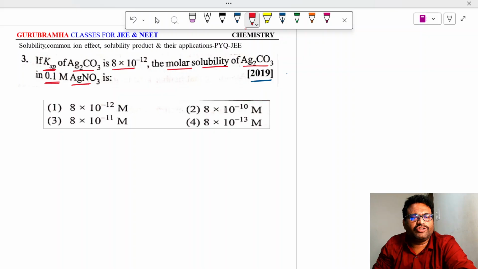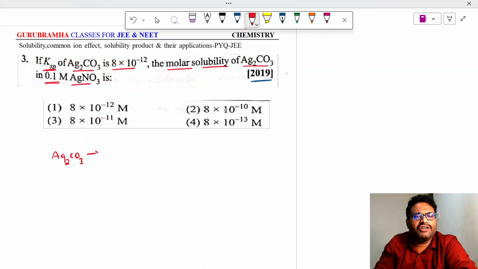First of all, let us calculate its solubility in water. Ag2CO3 dissociates into 2Ag plus and CO3 minus 2.